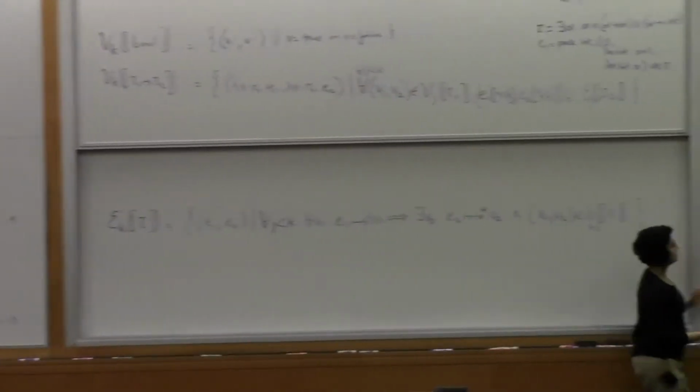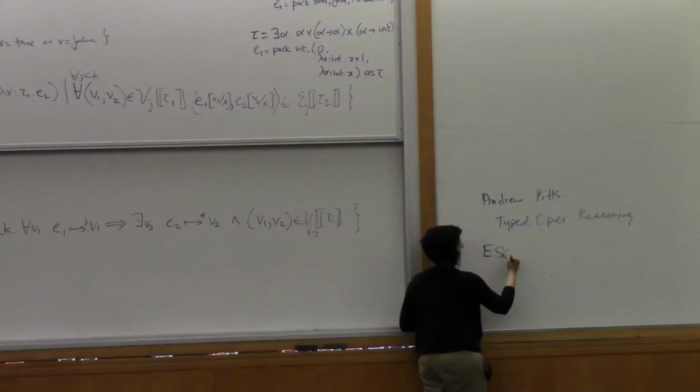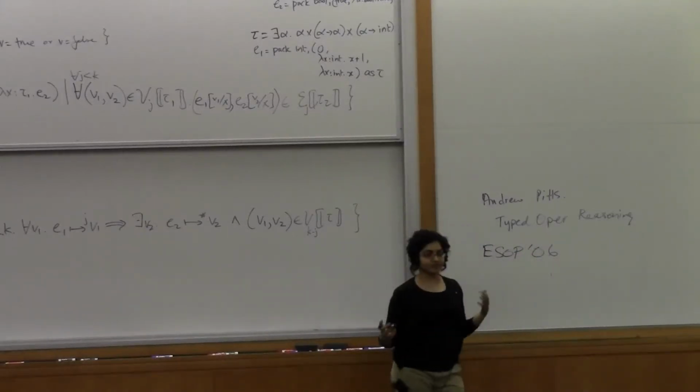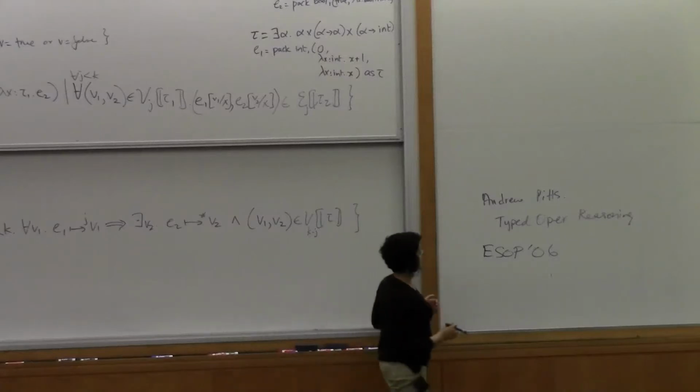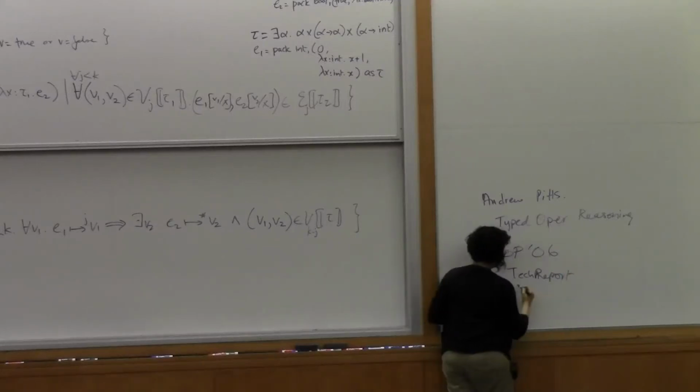A very good detailed reference is this technical report that I wrote back then. So this is with my ESOP 06 paper. It's called Step Index Logical Relations for Recursive and Quantified Types or something. But it's the technical report that comes with that. It's the extended version. I don't know how it's listed on my homepage.